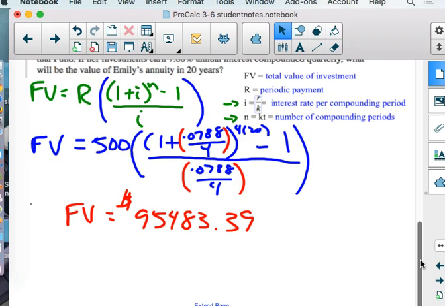I hope Emily was not going to try to retire after 20 years. Most financial advisors now will advise you that you should have about $1 million in one form or another for your retirement. Whether or not it's part of pensions, investments, whatever it is, if you want to retire. Now, a lot of that is going to depend on genetics.